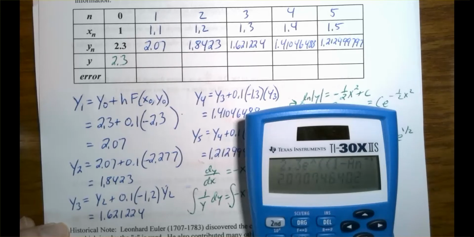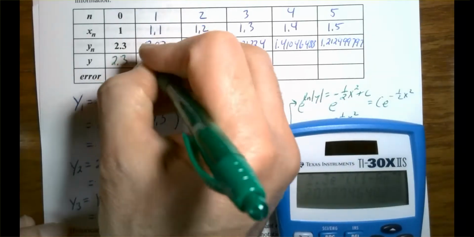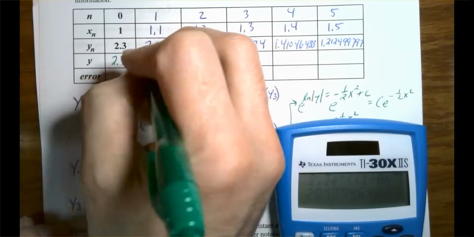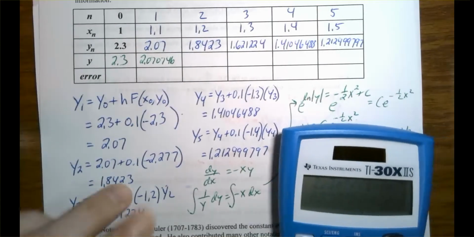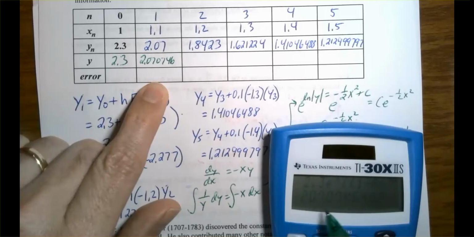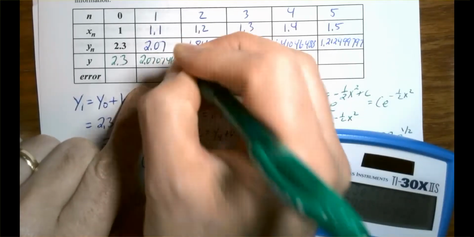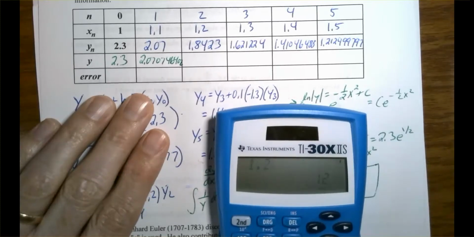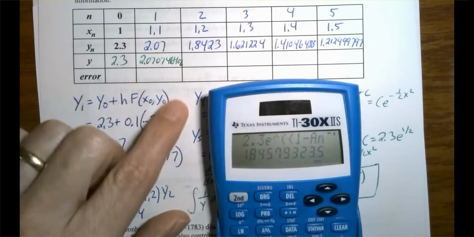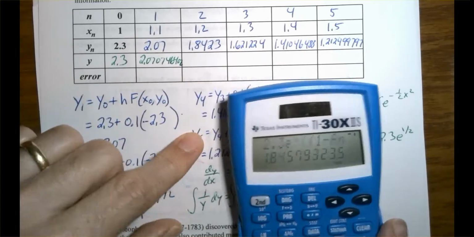When I plug in 1.1 for my x, it's 2.070746402. I'm going to have to write smaller on the future ones here. And when I plug in 1.2, I get this value, 1.84579323.